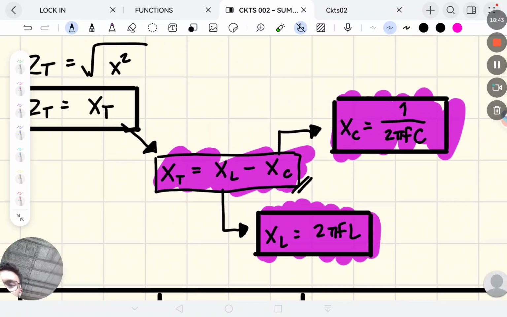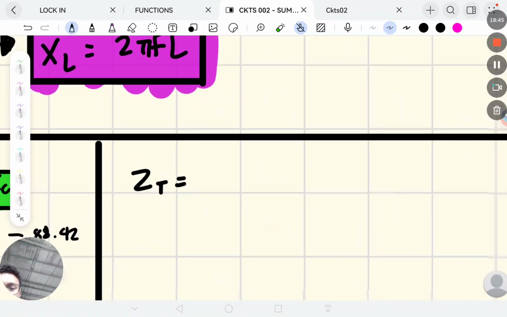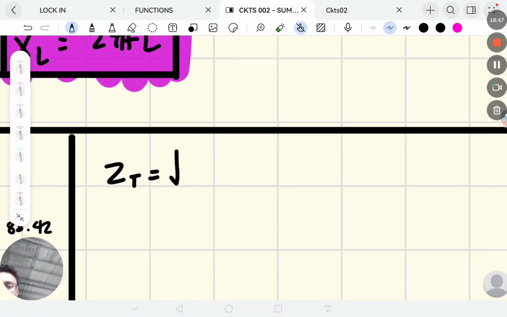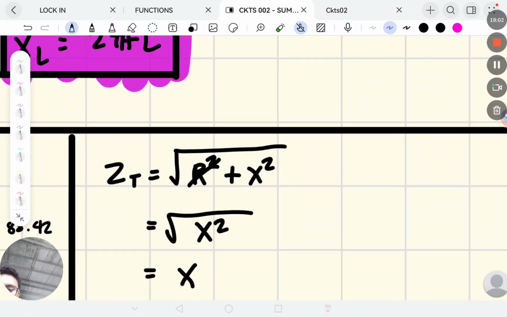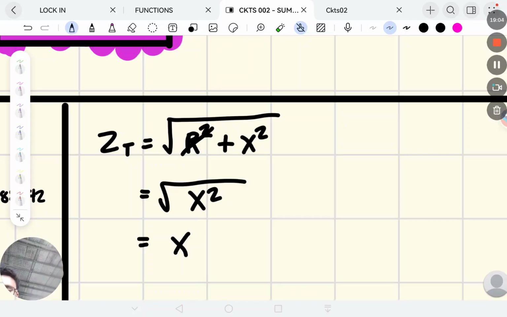Ang formula niyan talaga is square root of R squared plus X squared. Dahil nga wala pong resistor sa circuit, makakancel yan, 0. Matitira is X squared. Square root mo lang, matitira is X, absolute value.